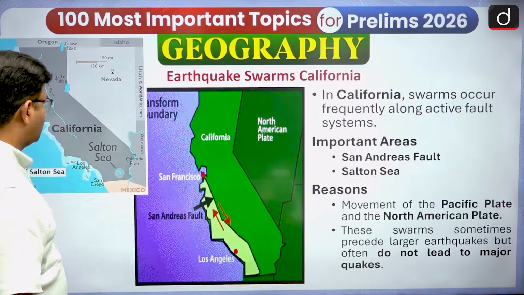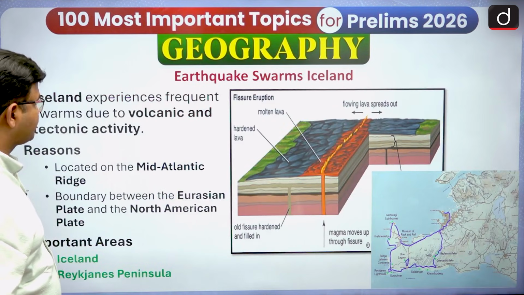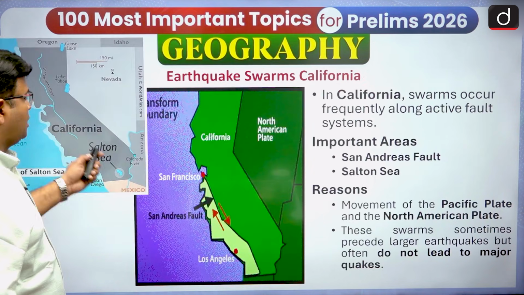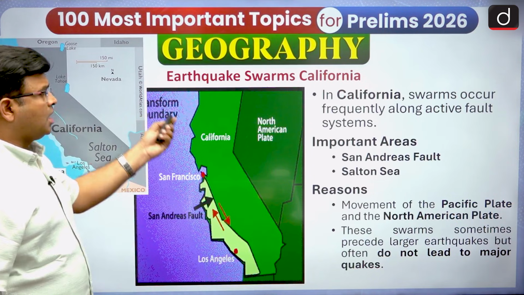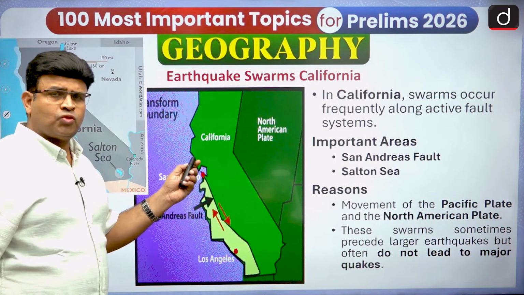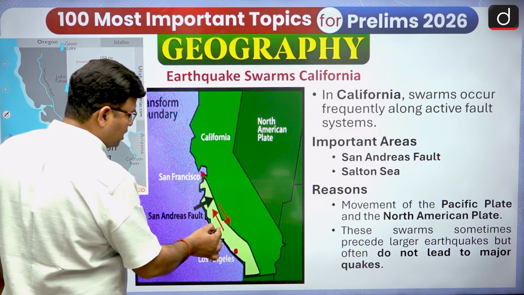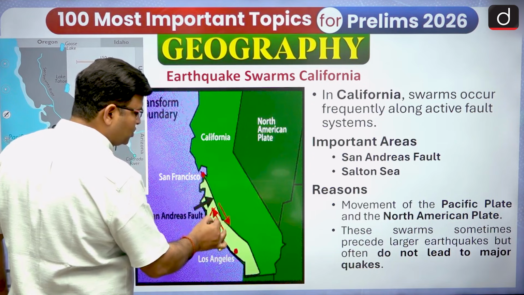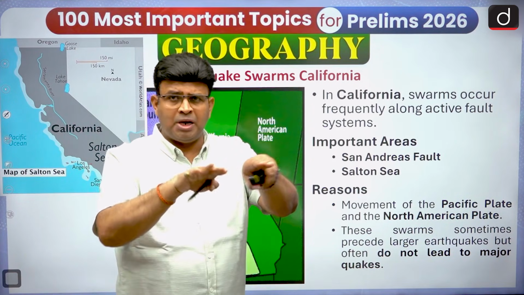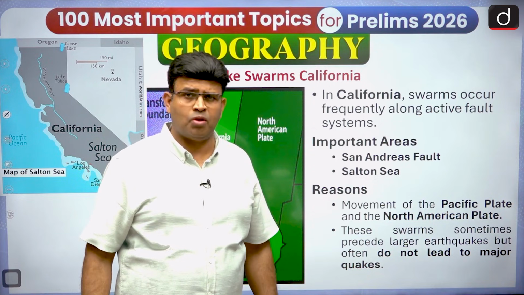Now let us understand earthquake swarms in California. Here this plate is moving in this direction and that plate in the opposite direction. When two plates slip past each other in opposite directions, it is known as a transform boundary.